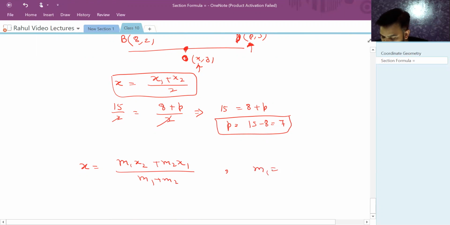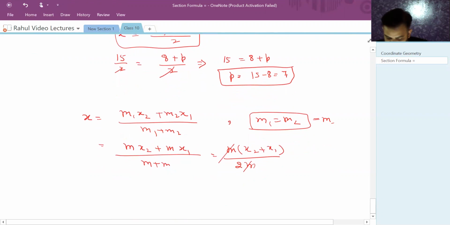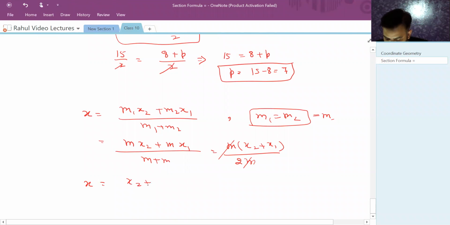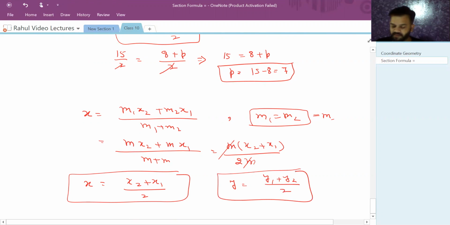If m1 equal to m2, it means मिड पॉइंट की हम बात कर रहे हैं। तो m ऊपर कॉमन, x2 plus x1, नीचे 2m, m से m कैंसिल, now you will get x equal to (x2 plus x1) divided by 2. So this is the midpoint. ऐसे ही y के लिए हम करेंगे तो y will be (y1 plus y2) divided by 2. These are for the midpoint. Okay, so this is all about your section formula.